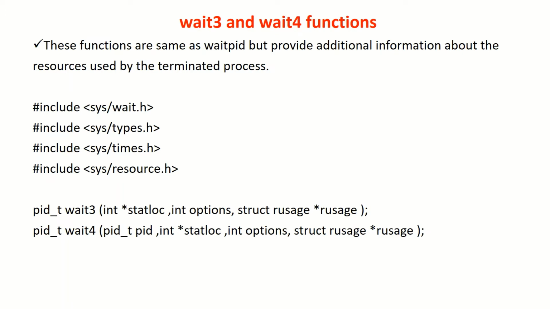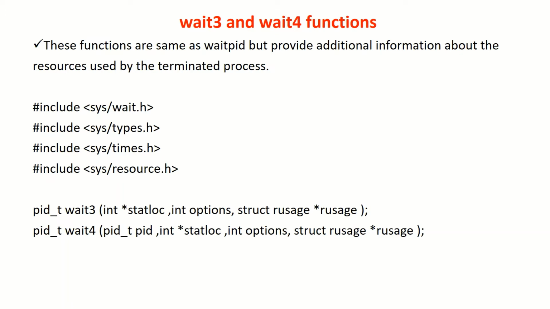Here we will discuss some of the parameters used in the process. First, PID specifies the set of child processes for which the status is requested. If PID is equal to -1, status is requested for any child process.